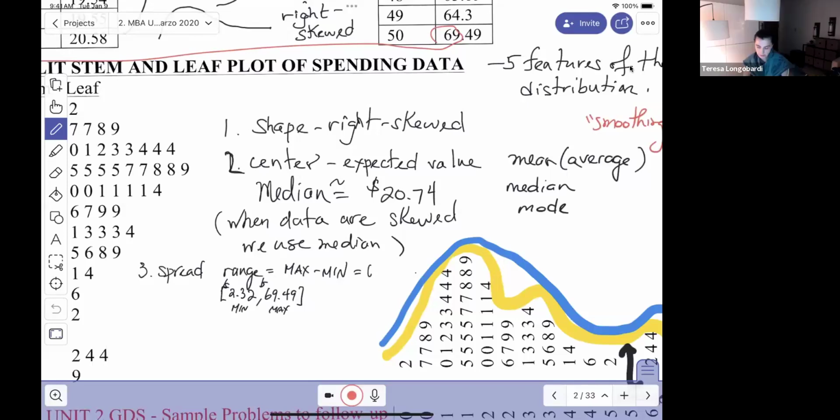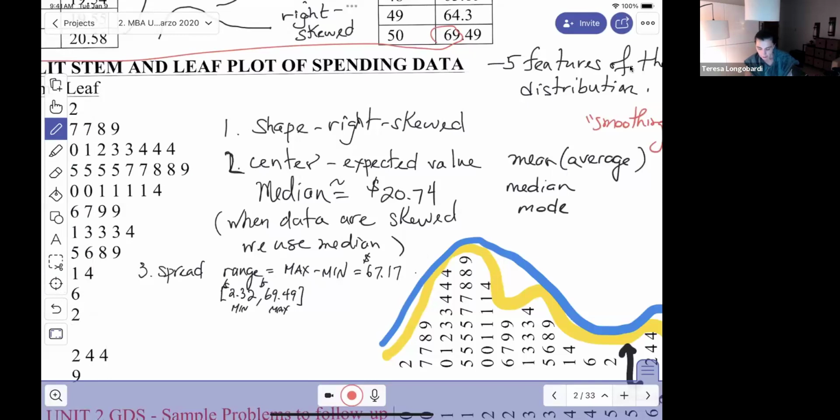Very broad, right? $67.17 range. I keep the units. And notice I'm keeping the decimals in my report. Even though I discarded the decimals in the graph, I keep the decimals in my report. You need to go back to the original data to make the report.